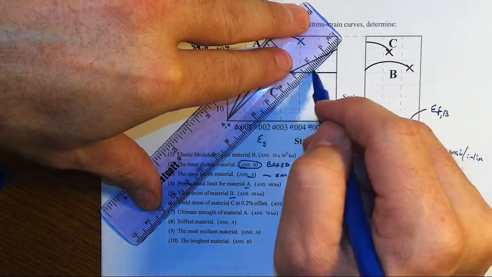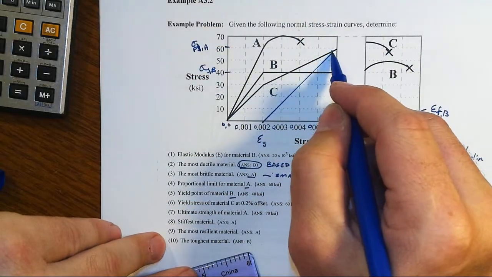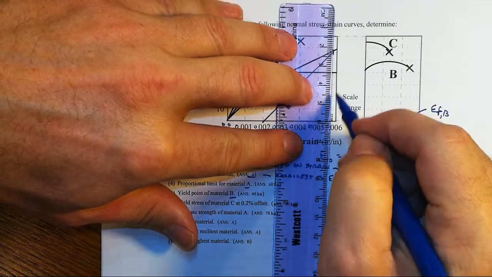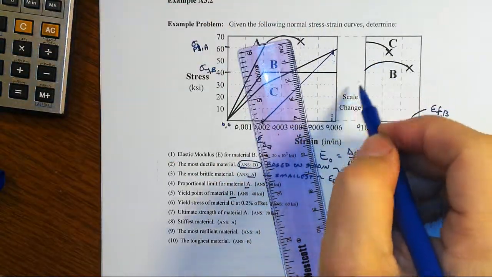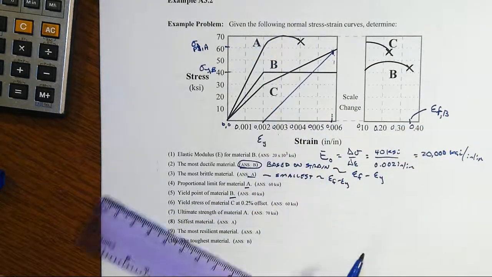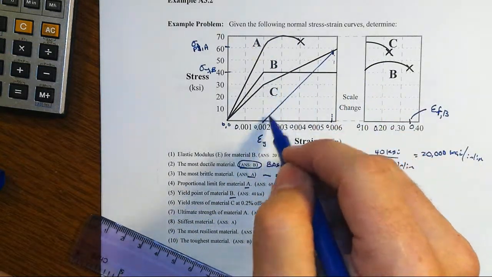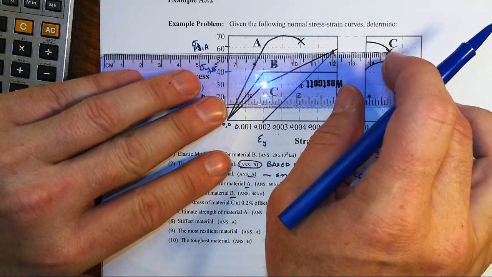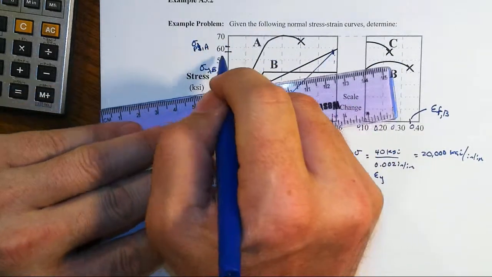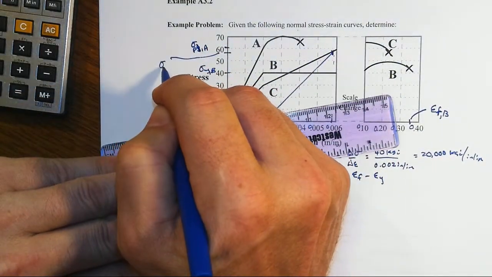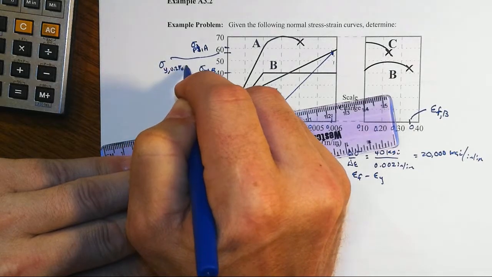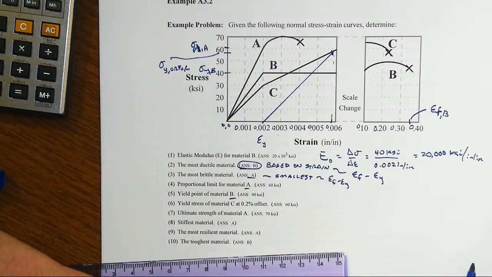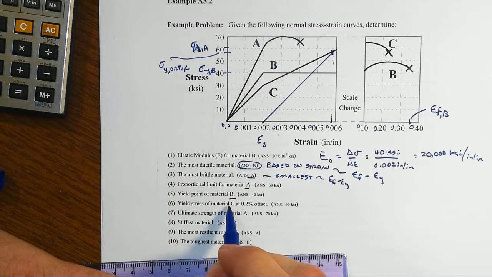If we call this the yield strain for C, then its region between the fracture and the yielding is clearly much smaller than B, because we declared how to do this slightly differently for that one. And the yield stress for C for that 0.2% method is going to be on the order of about 56, 57. It's a little hard to read there.